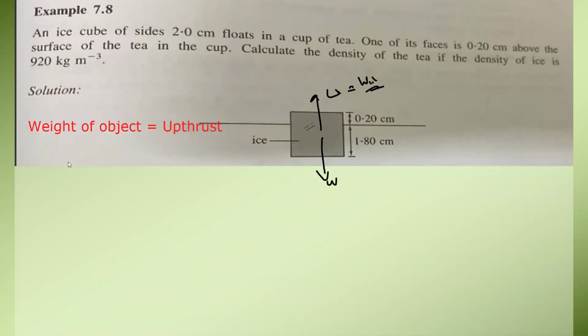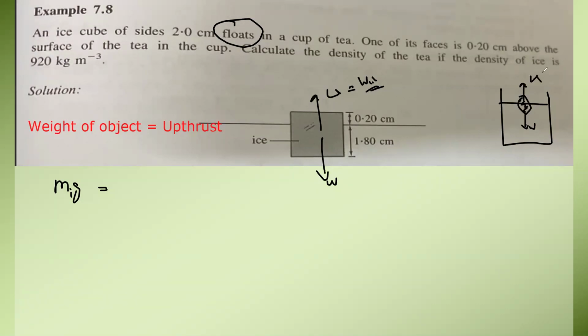What about the weight of an object? Weight is mass into gravity. Mass of ice into gravity. And what about the upthrust? How can we say the weight of an object is equal to the upthrust? Because it floats. When an object floats on the surface, the weight which is acting down means there is no resultant force.